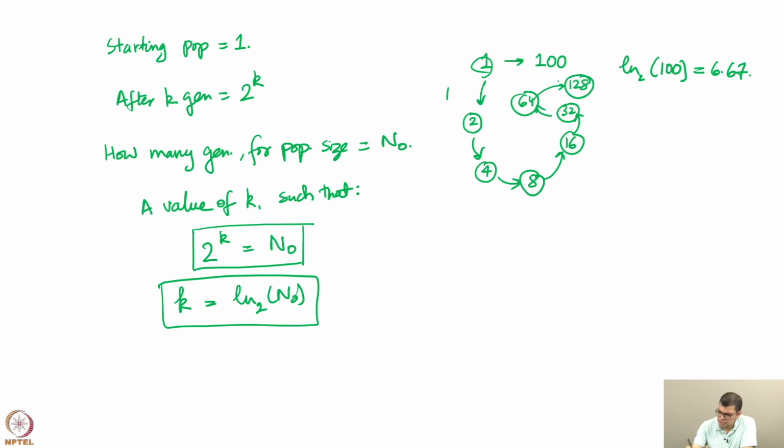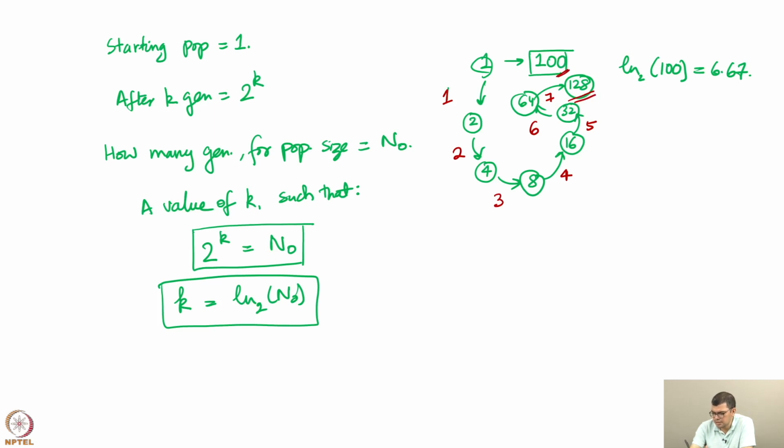But my question was how long does it take for the population to reach a size of 100? Now if we trace these generations, after 1 generation it was 2, after 2 generations it was 4, after 3 it was 8, after 4 it was 16, after 5 it was 32, after 6 it was 64. So, clearly 6 generations is not sufficient for this population to reach 100, but 7 generations is too much, because after 7 generations the population size reaches 128, and our question is only concerned with the population size reaching 100.